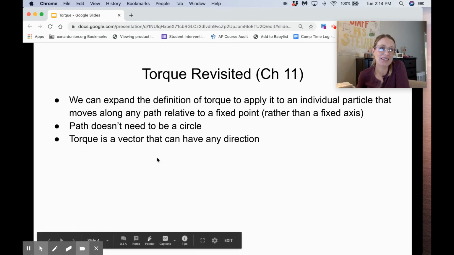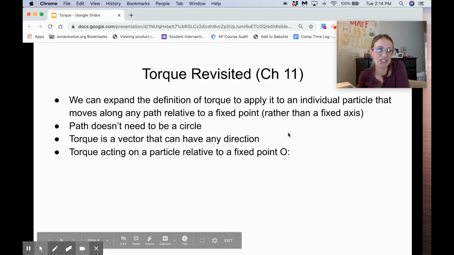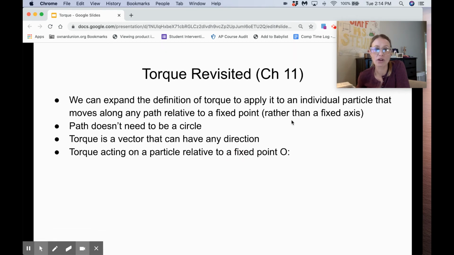So here, torque is a vector that can have any direction, and it's acting on this particle relative to a fixed point, and we call that fixed point O. Same equation here. This is written in the cross product notation. So we have torque is equal to r, our moment arm, cross F. And remember, just like the dot product when we talked about work, it does matter the direction that you say these are in.